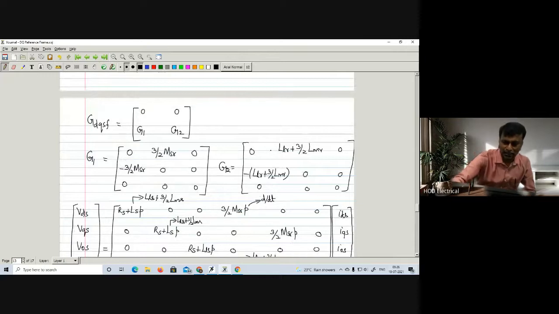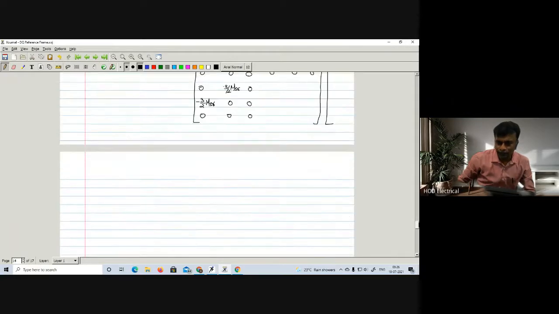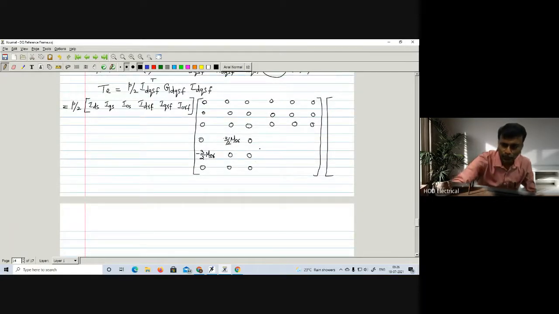Then we have the G2 matrix, with LR plus 3 by 2 LMS, which totally we can write as the rotor inductance. Therefore we have 0, plus LR, 0, then minus LR, 0, 0, 0, and so on.